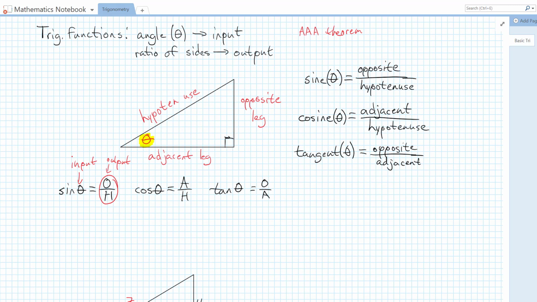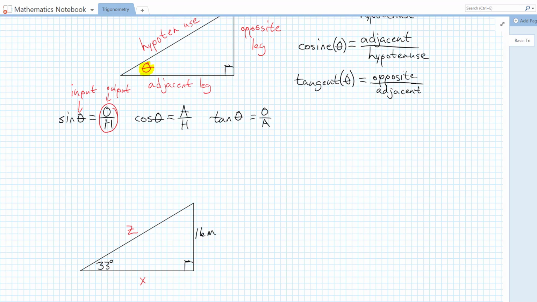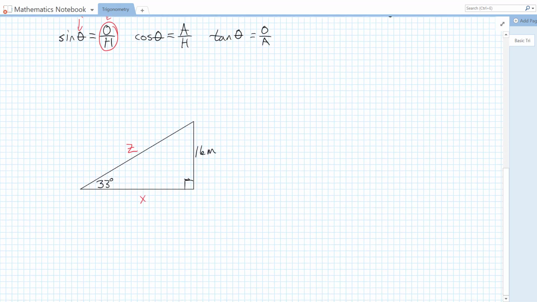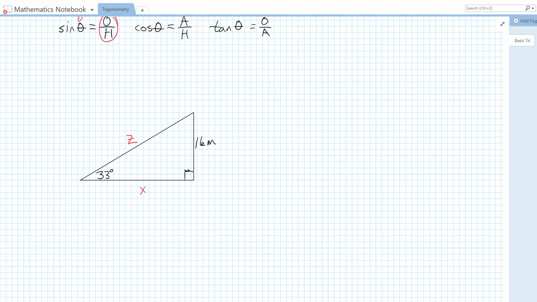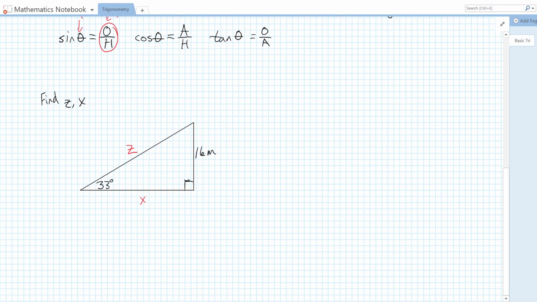So let's do an example using these trig functions. Down here we have a right triangle, and one of the angles is given as 33 degrees. We know one of the angles is a right angle. Let's just solve the right triangle. So find z and find x. Now we're going to have to use our trig functions to figure this out because we only have two things here.